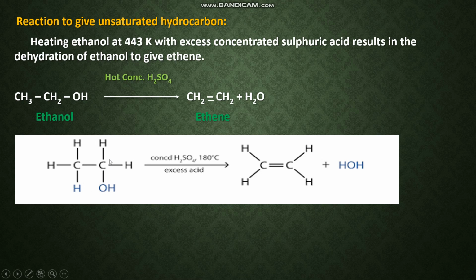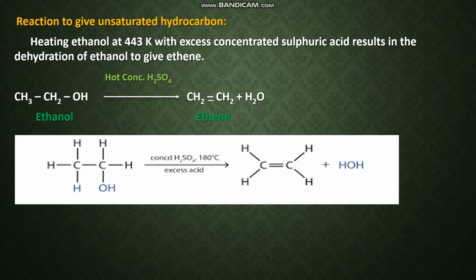So how does the reaction take place? When it is reacted with concentrated sulfuric acid, what is happening here? This hydrogen which is attached to this carbon and this OH group which is attached to the other carbon, this H and OH is eliminated as water. Already in addition reactions you have seen a double bond, an unsaturated compound. When any substance is added there, the double bond will become a single bond, that means the unsaturated substance will become the saturated one.